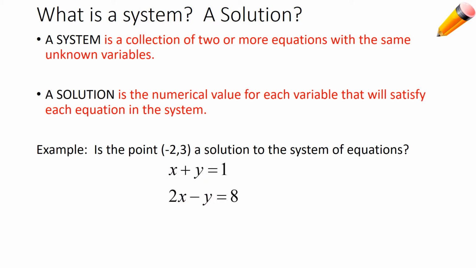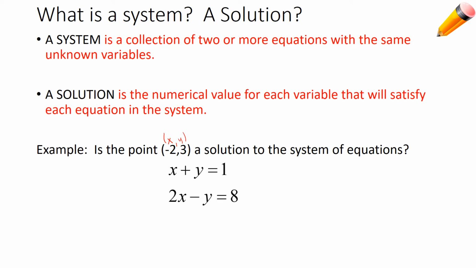So I'll show you what I mean by this example. So go follow along with me and write down what I write down for this little example. So we're asked, is the point (-2, 3) a solution in the system of equations? Well, we always know that ordered pairs come as x, y. So they're telling me that x is equal to -2 and y is equal to 3.